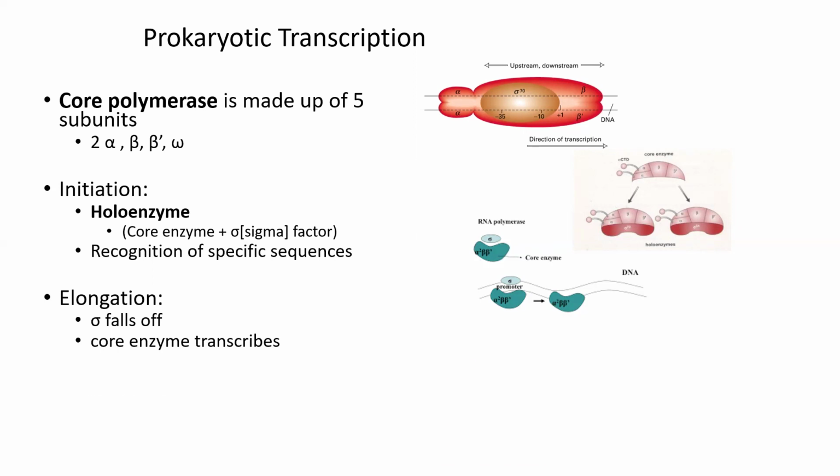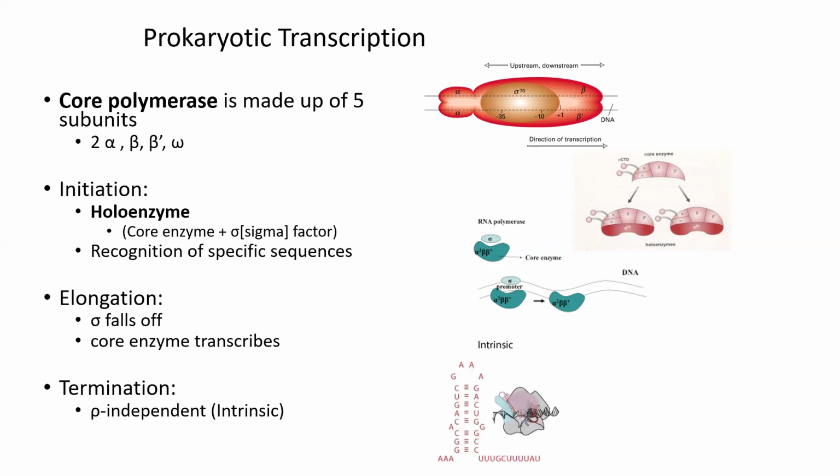It goes on transcribing, and then it hits an area where it has a kind of stop signal. It's kind of rho dependent in this case, and like this sequence here.